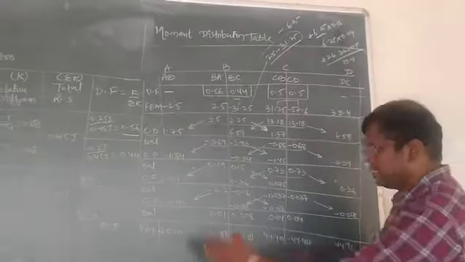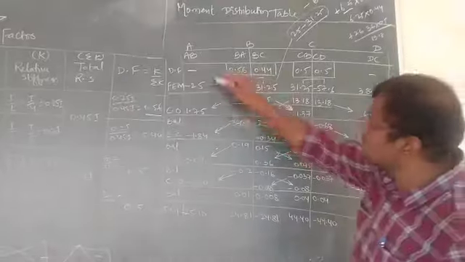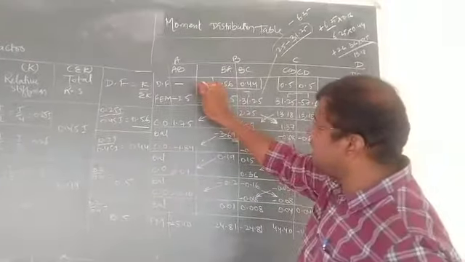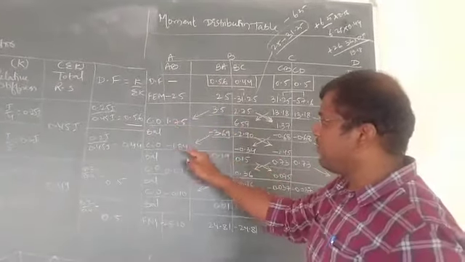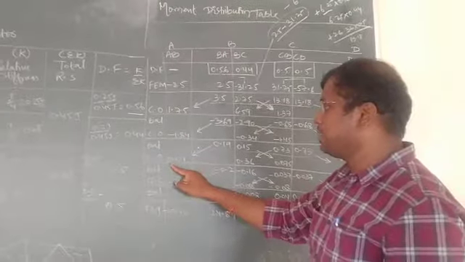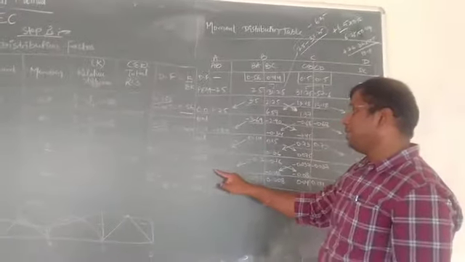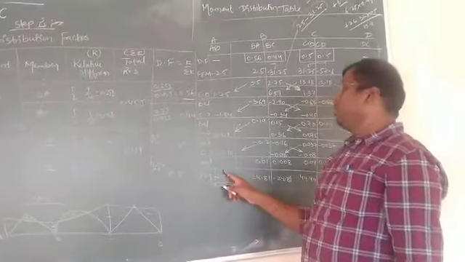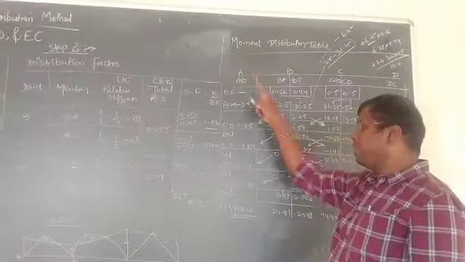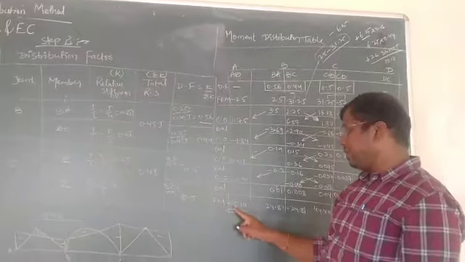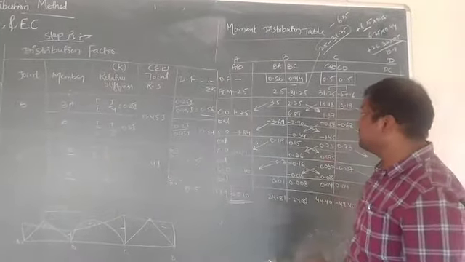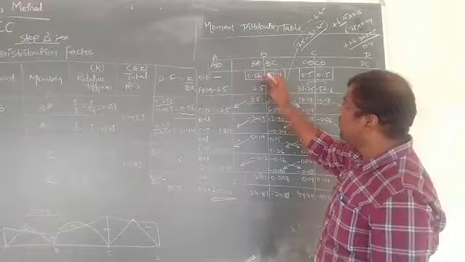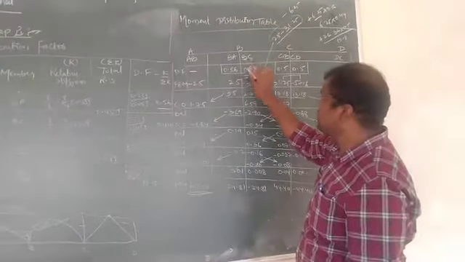Just add the moments throughout the column, starting with minus 25 plus 1.75 minus 1.84 plus 0.09 minus 0.10. Ultimately the sum of this will give the moment at A. The final moment at A is minus 25.10. Similarly, add this column, leaving the distribution factor, don't add the distribution factor.